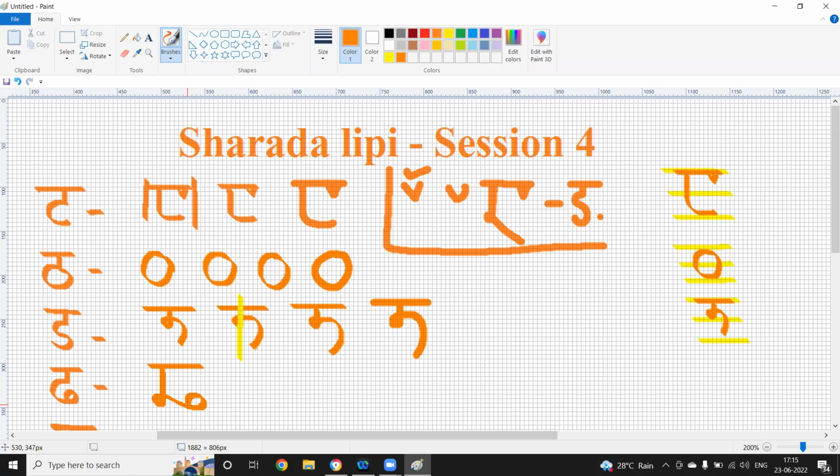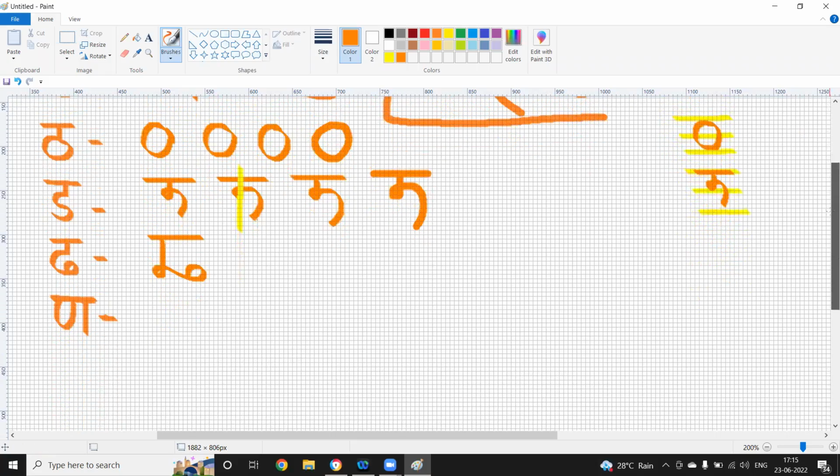Then we make a round here. And make sure that this round at the end is closed. Does that round go outside the Shirorekha? Yeah, in this case, I'll come to that. Just give me a second.